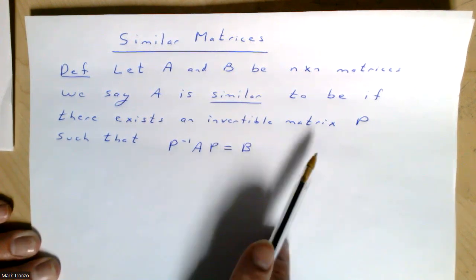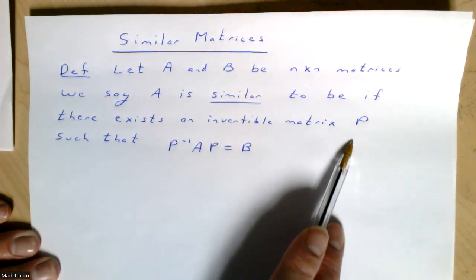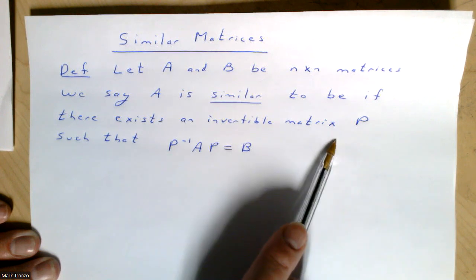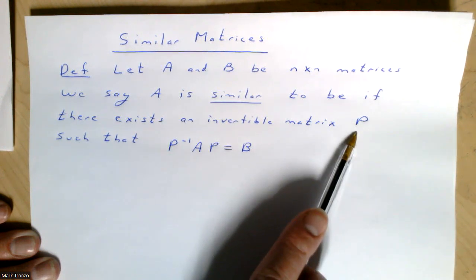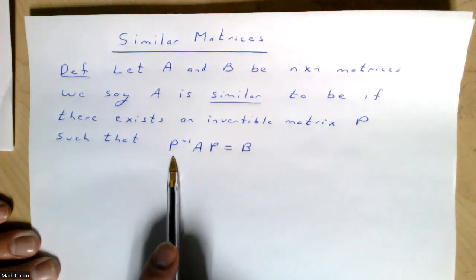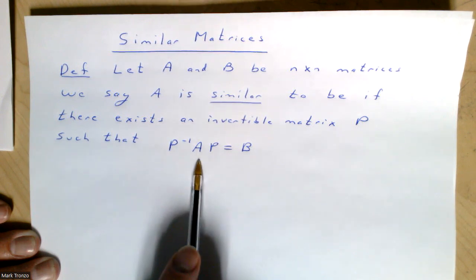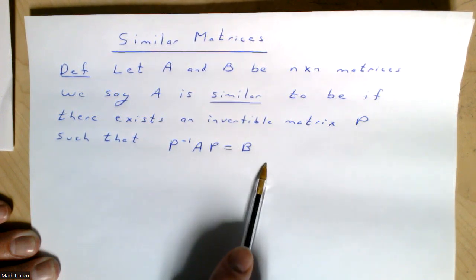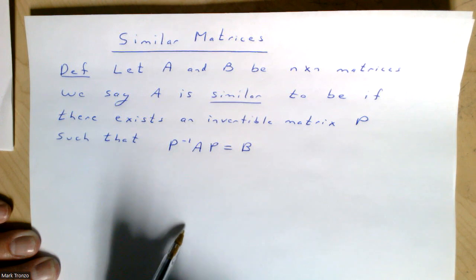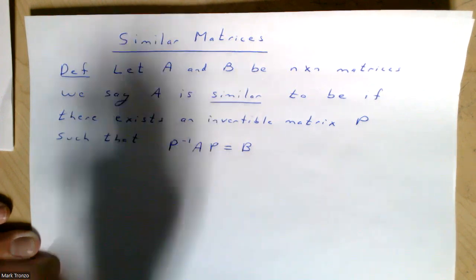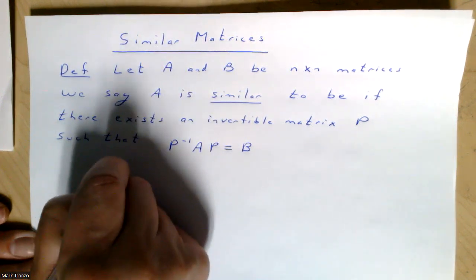So you have a matrix P, and it has an inverse, if you take the inverse of P times AP, you'll get B. And of course, you can do it the other way as well.